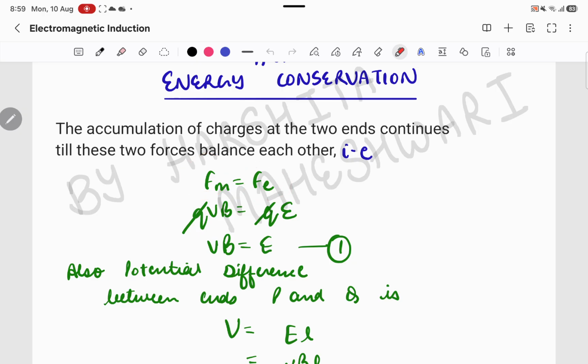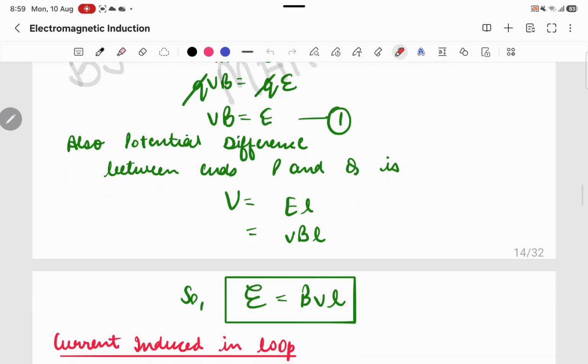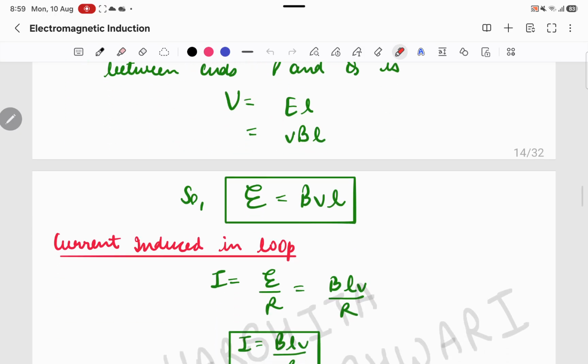The magnetic force we already studied is QVB, and the electric force is Q into E. We can cancel Q and get V into B equal to E. Also, the potential difference between the two ends, say P and Q, is E into L, and substituting the electric field from the first equation gives VBL. So we again get the same formula of induced EMF, that is BVL, a second time.